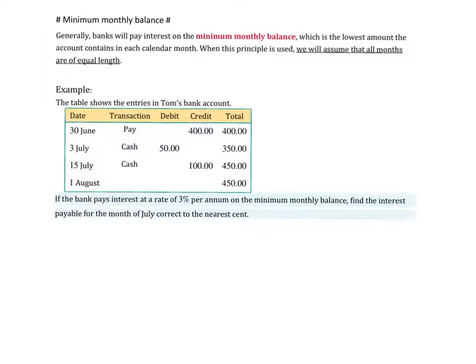Perhaps this is something that you don't know, but your bank will only pay interest on the minimum monthly balance. So what does that mean?